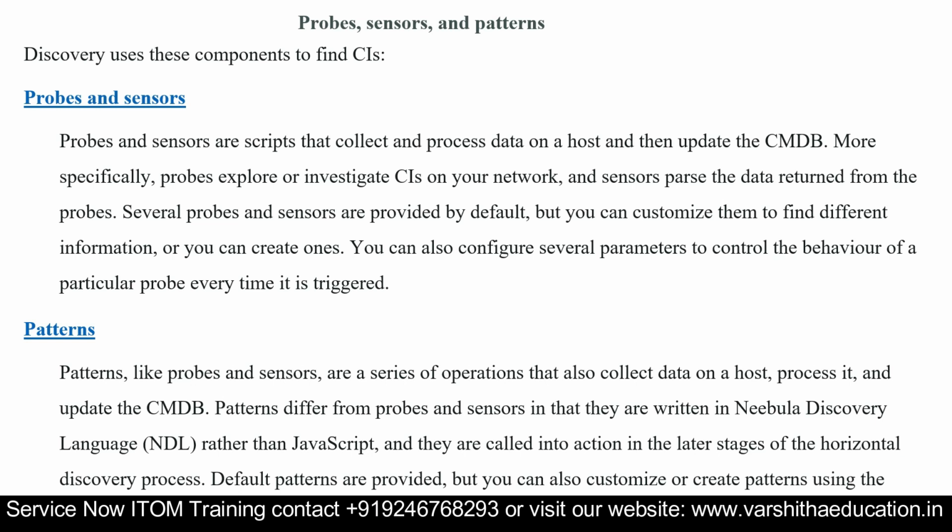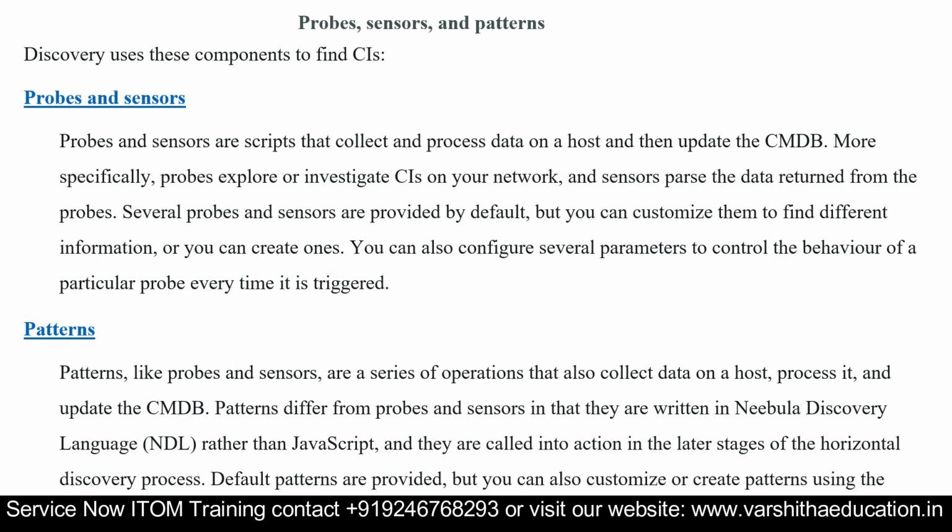This is very important, so keep it in your mind. Probes and sensors are simple: these are the components we use to find out the data. For example, if I need to find out particular information from a laptop, in this discovery area we need to send a probe. That probe is related to, for example, email information that I need to fetch, and I have already written the details of that particular probe in the script.